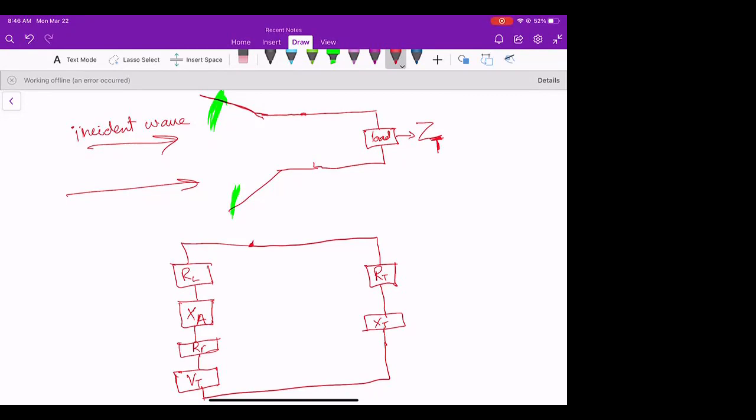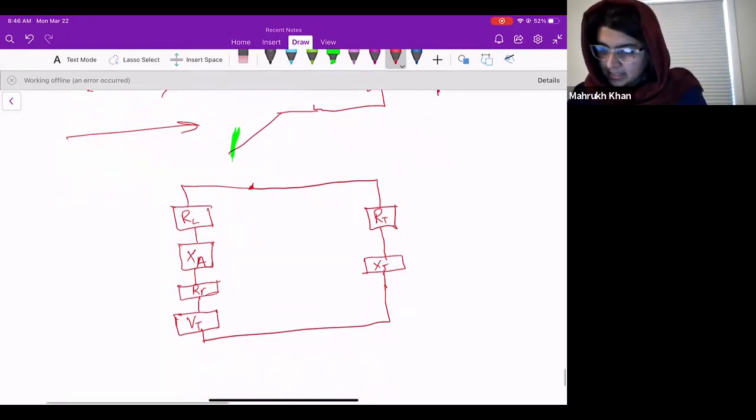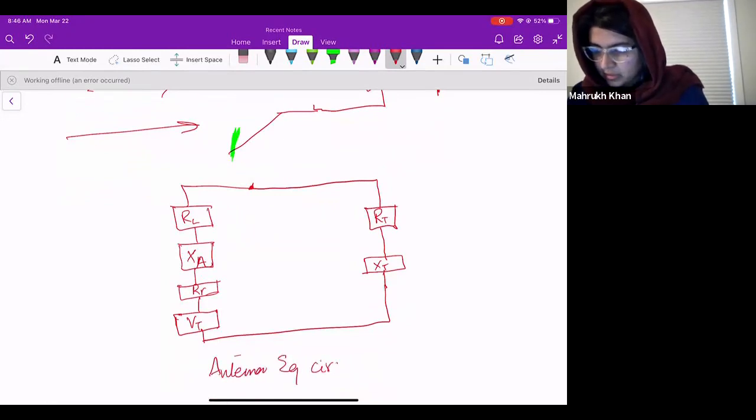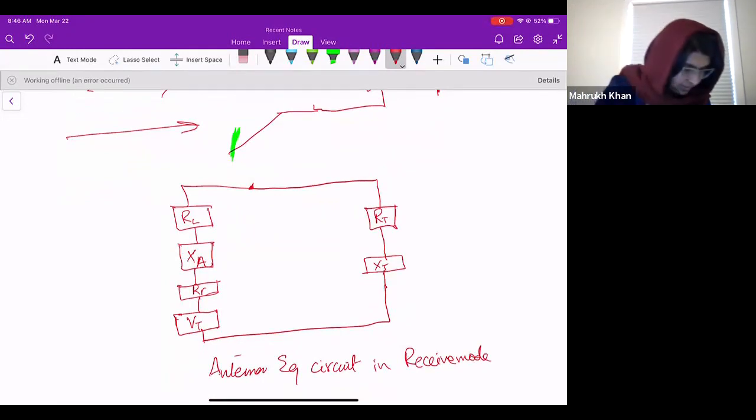Okay, so we are saying that this is the antenna equivalent circuit in receive mode. Okay, and VT is what they call it.